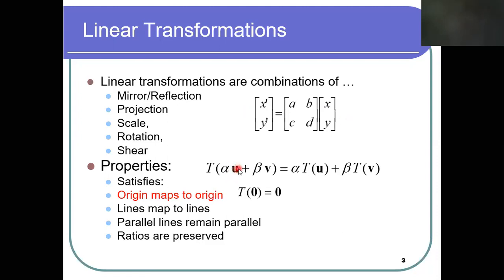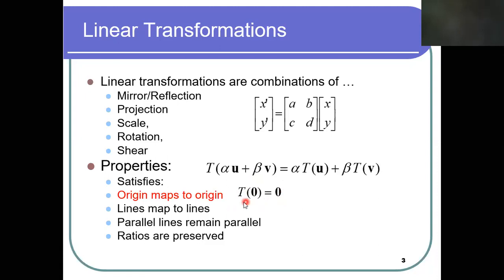If you apply a linear transformation on a linear combination of vectors, it is equivalent to alpha times T of some vector from the domain plus beta times T of another vector from the domain, where alpha and beta are constants belonging to the field. Also, the origin maps to origin.